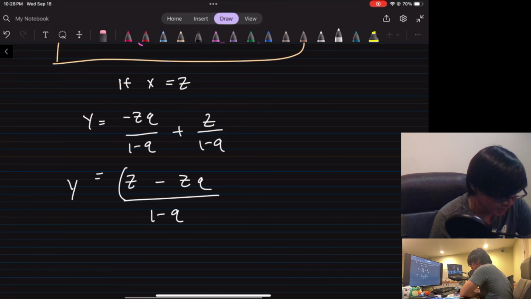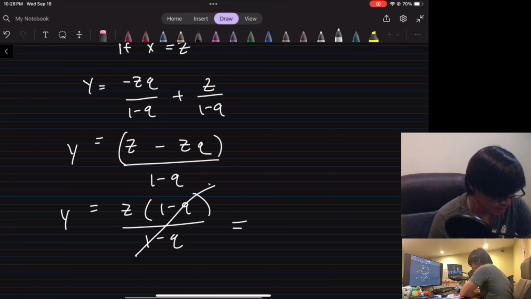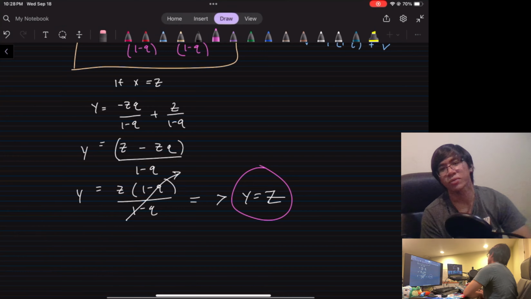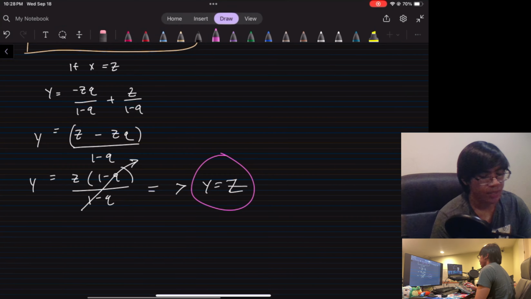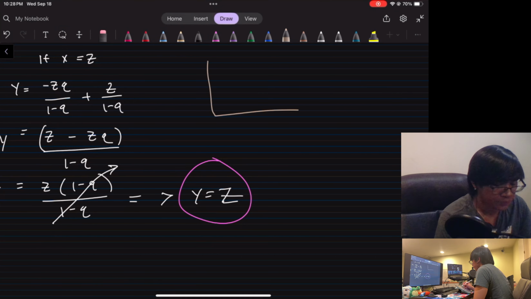And now you can see where I'm going with this. We're going to factor out the z so we can cancel out the denominator. That leaves us y equals z. So that is the first point. That's why I mentioned earlier that y equals z, or I guess our q line lies on that.